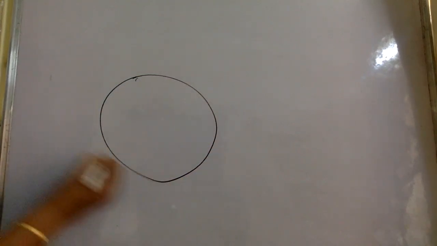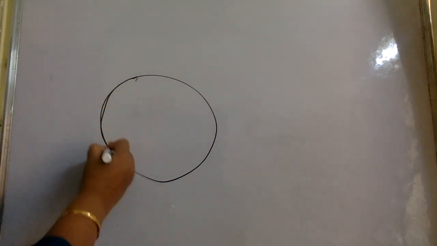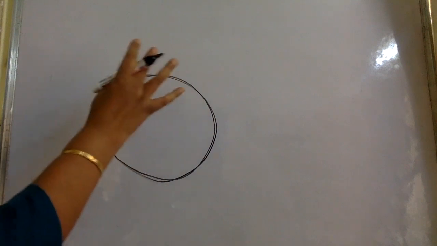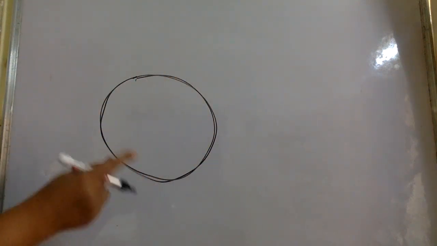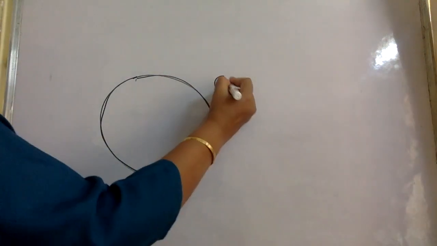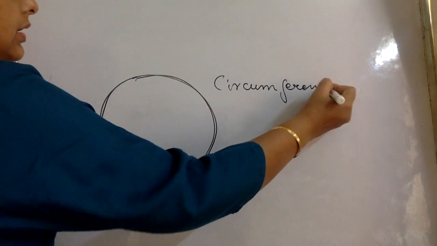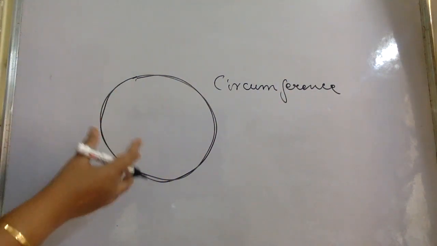What is the circumference of a circle? Now if this is a circle, then circumference is this length. That means if this circle is made out of a wire, I can cut it and straighten it out, then that length is the circumference. So the perimeter of a circle is its circumference.